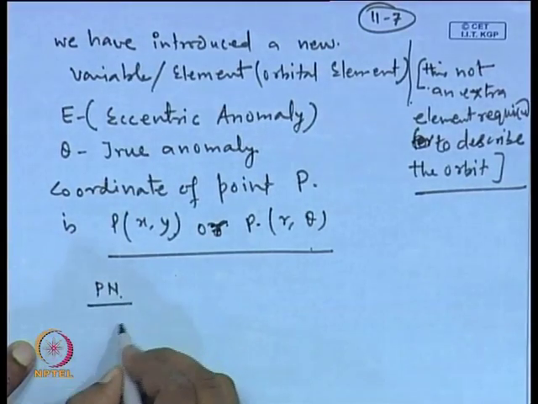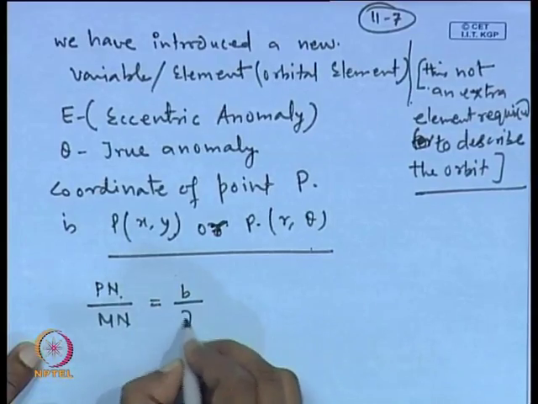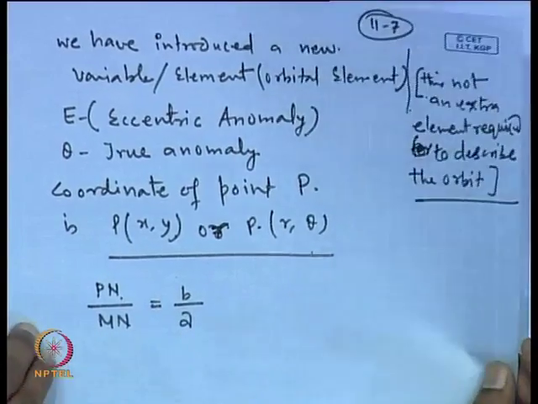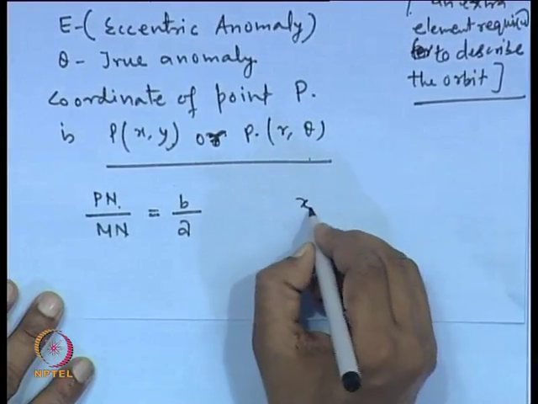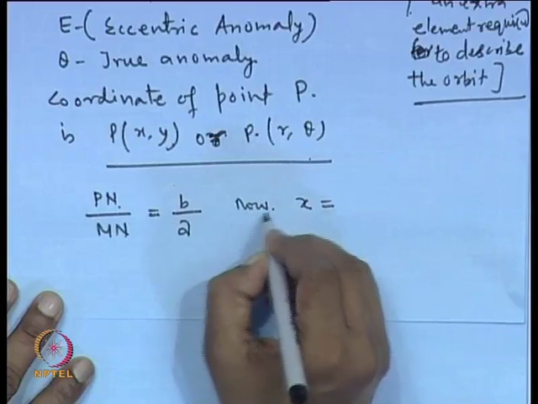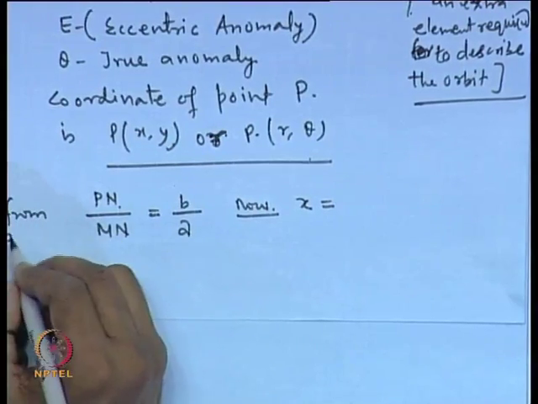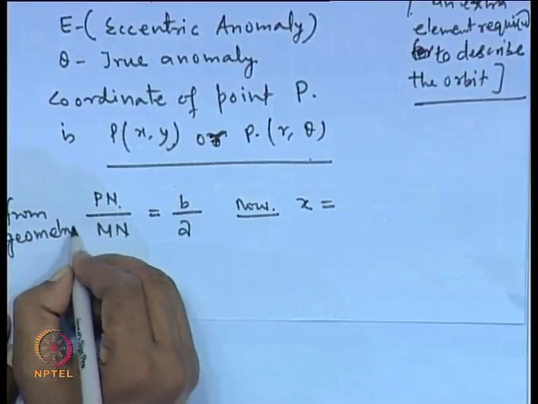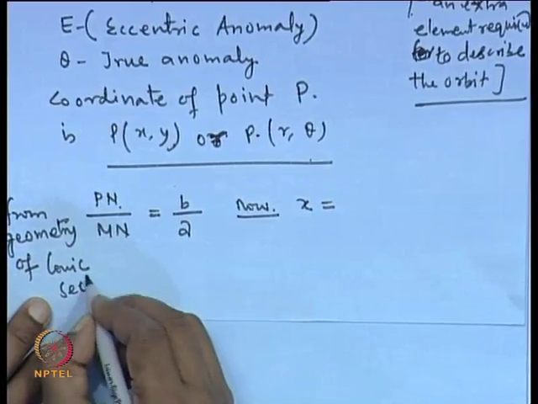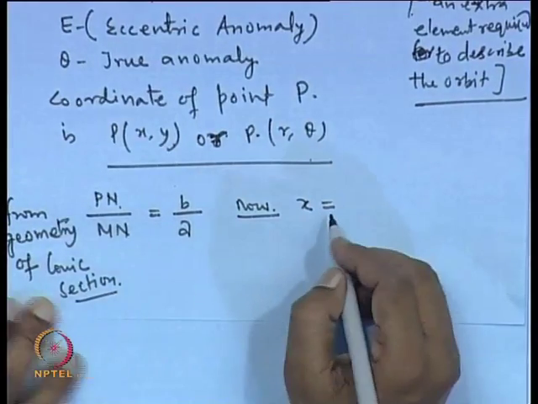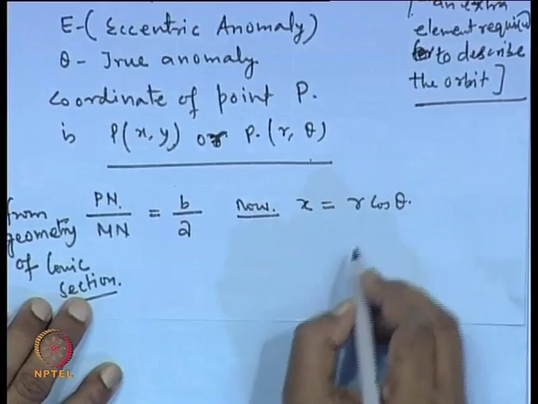Okay, P n by m n can be written as B by A. Now, x is equal to, this is from geometry of conic section, so x becomes equal to r cos theta.